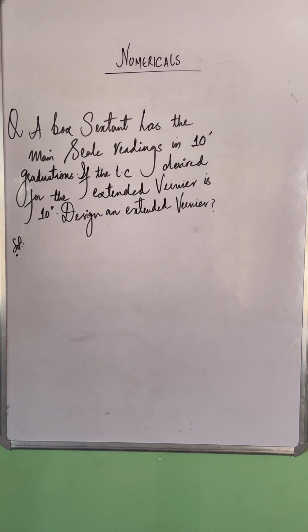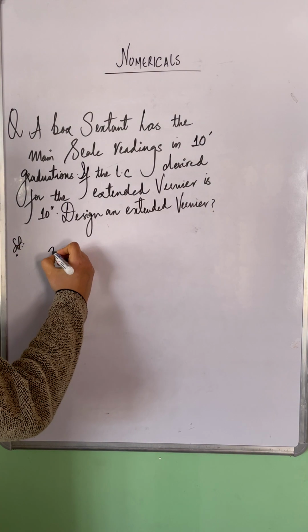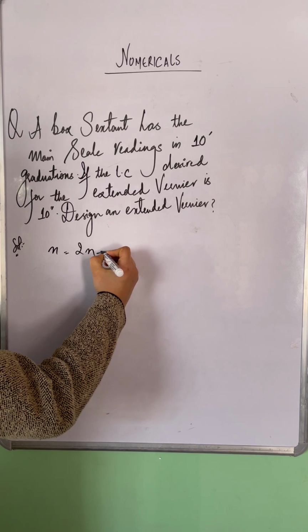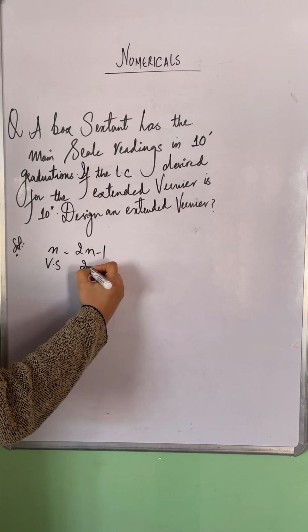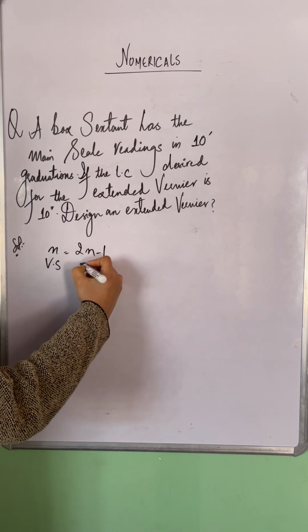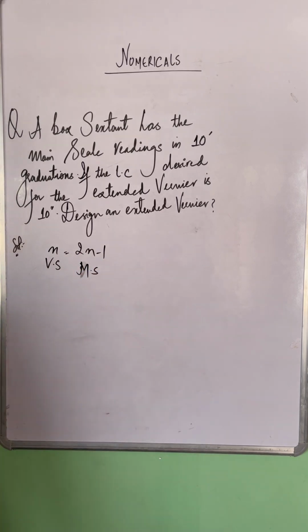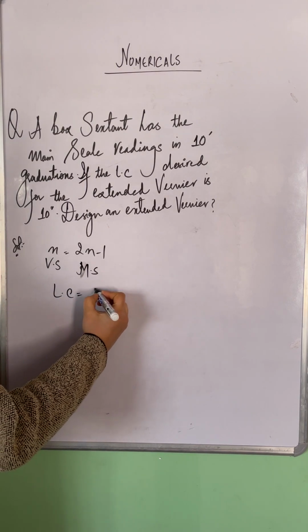As we know, in an extended vernier, n divisions of the vernier scale correspond to 2n minus 1 divisions of the main scale. We have to design an extended vernier in this case for a box sextant, and we know least count is equal to S by n.